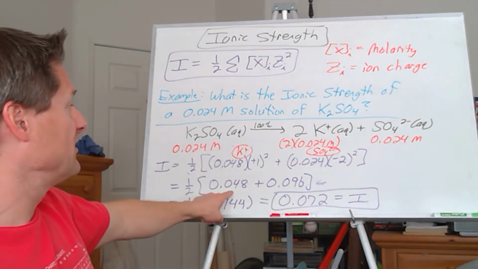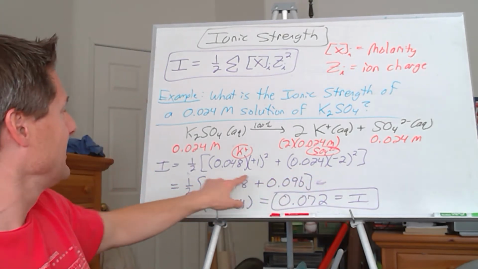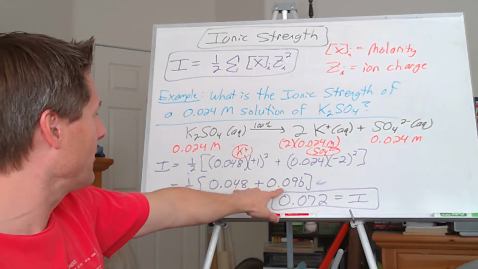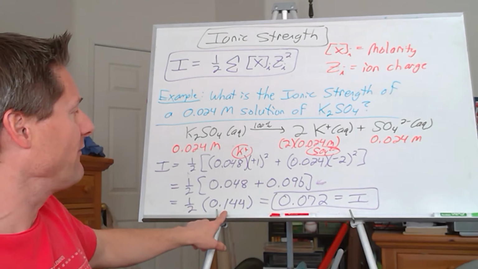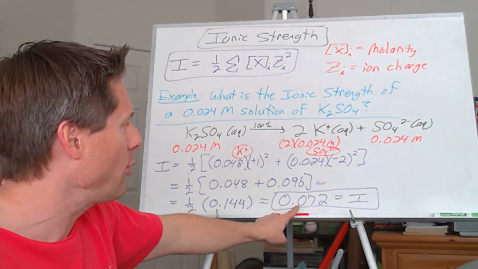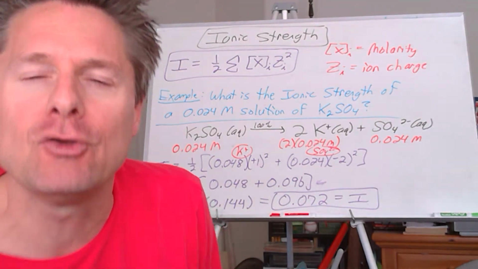So this becomes 0.048. That term from the sulfate becomes 0.096. I add those together, right? Good to 3 decimal places. That's 0.144. So take half of 0.144. So the ionic strength is 0.072.